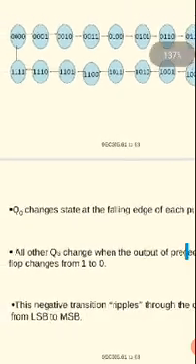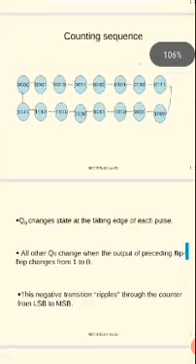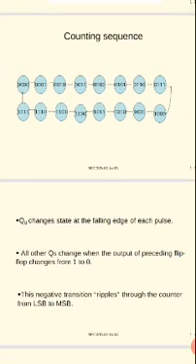Here Q0 changes state at the falling edge of each pulse.